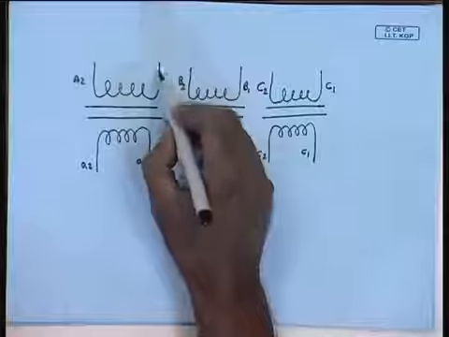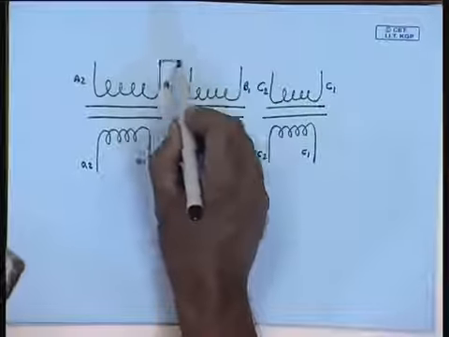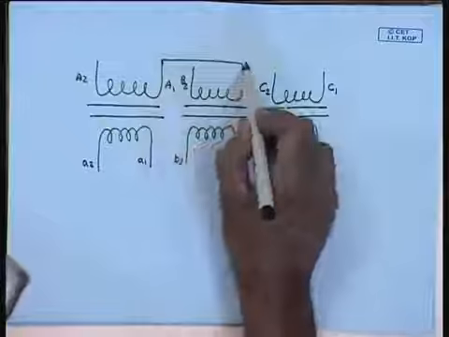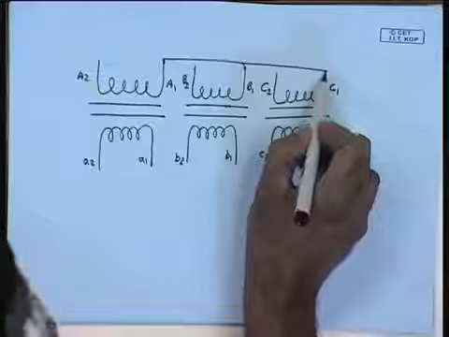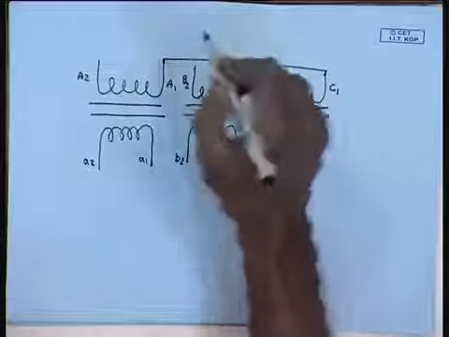So, let us say the high voltage side is star connected. So, we form a star connection by shorting the terminals A1, B1 and C1 and giving supply to the remaining terminals.